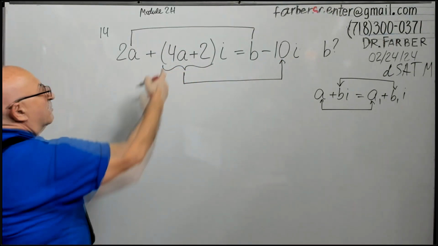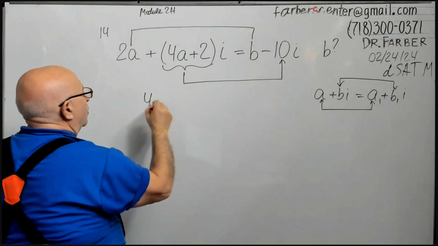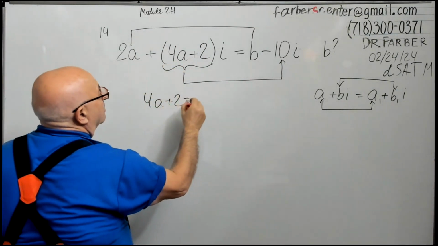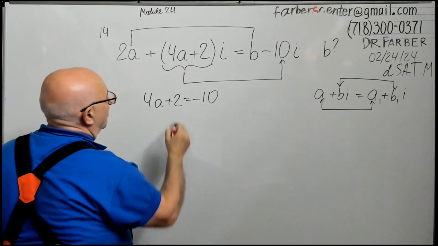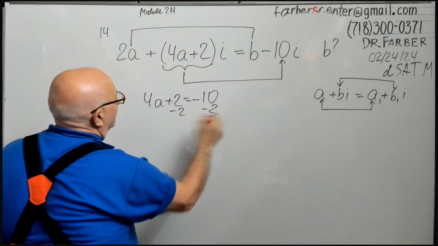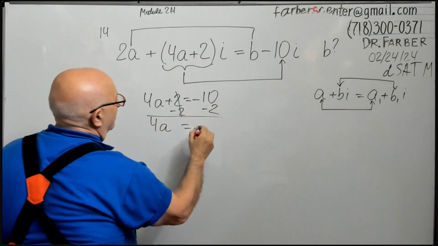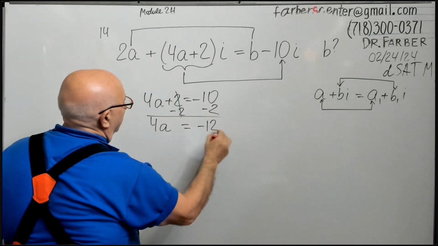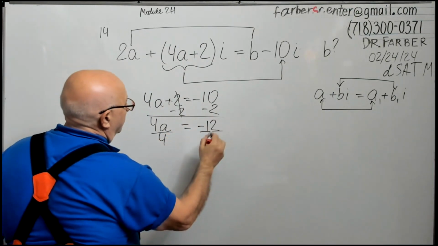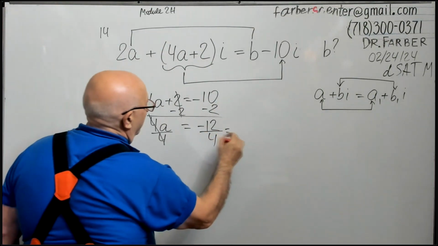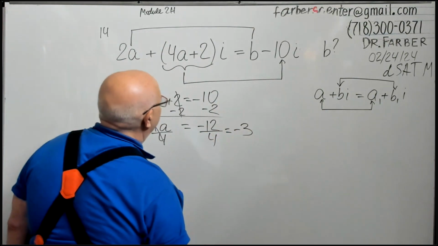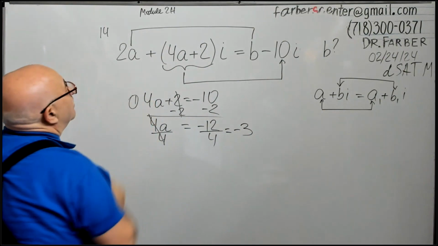Well, start from here. 4a plus 2 equals negative 10. Minus 2, minus 2. 4a equals negative 12. Divide both parts by 4. a equals negative 3. That is step number 1.